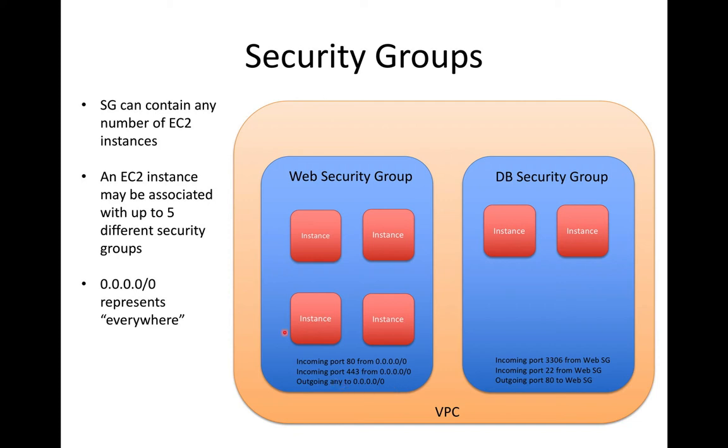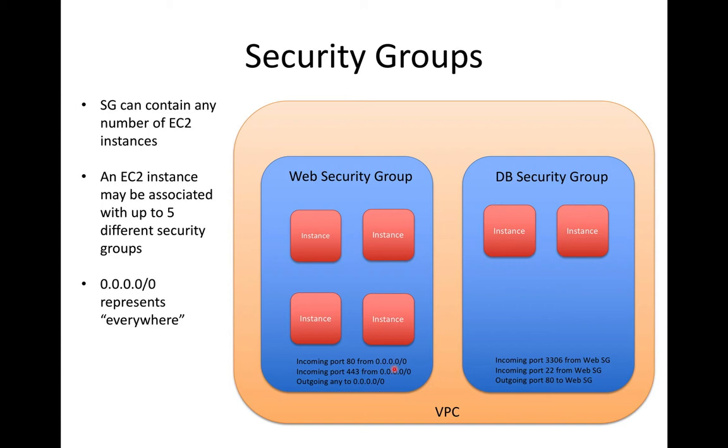So here's an example. We have some EC2 instances, and these EC2 instances are associated with a particular security group. You can think of the security group as a bubble that envelops the EC2 instances. It's providing that security layer.